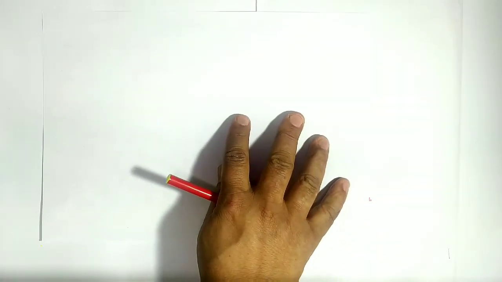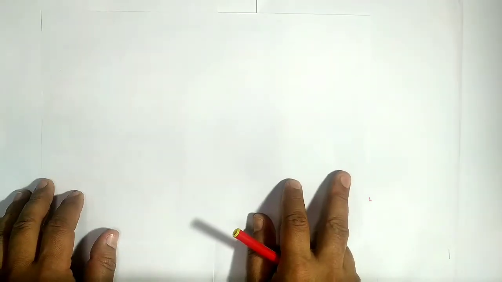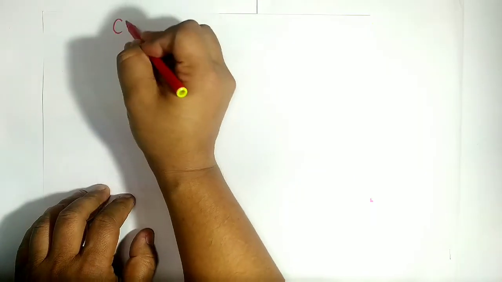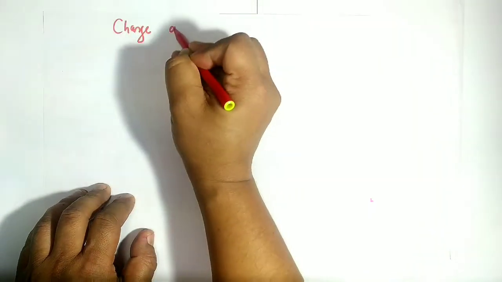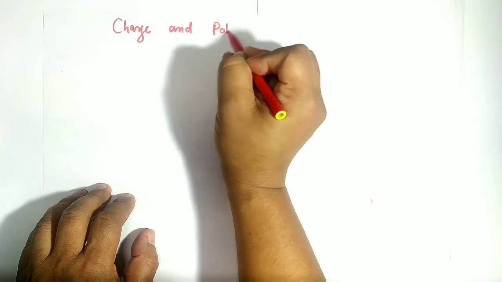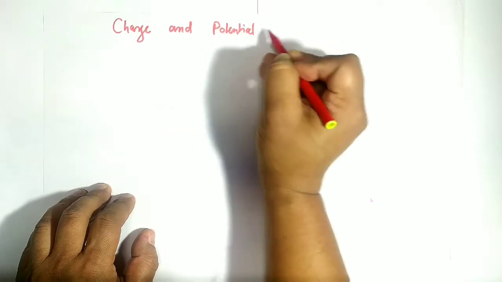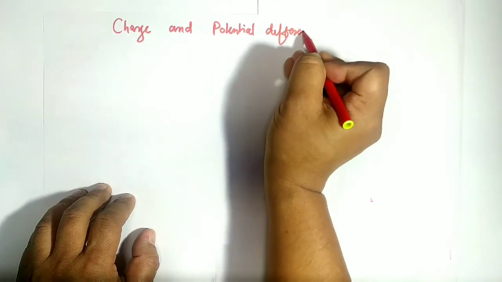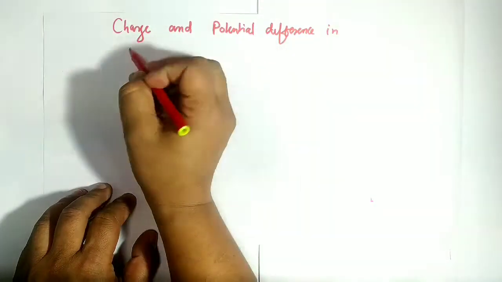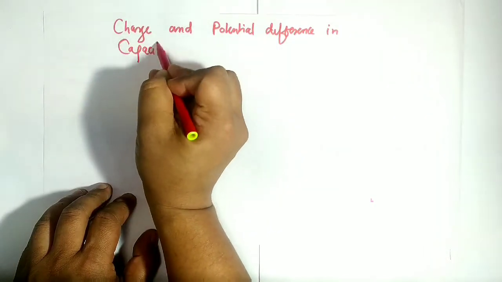Now we'll discuss some questions based on this. I want to explain one question: how we find the charge and potential difference in capacitors.